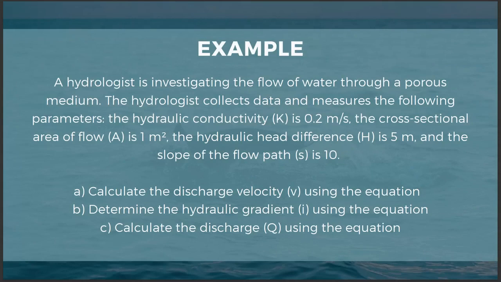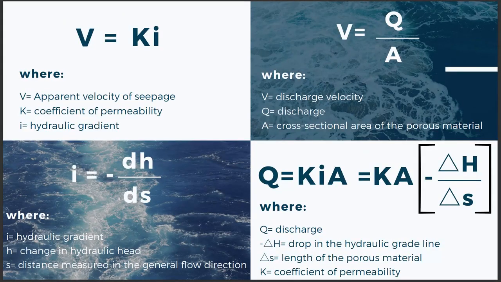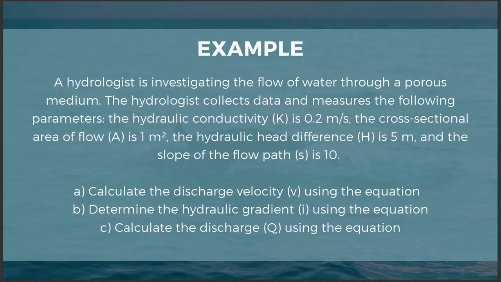Okay. So, how do we compute for I? The head difference is given as 5. We divide it by the length of the porous material. So, what is the length of the porous material?